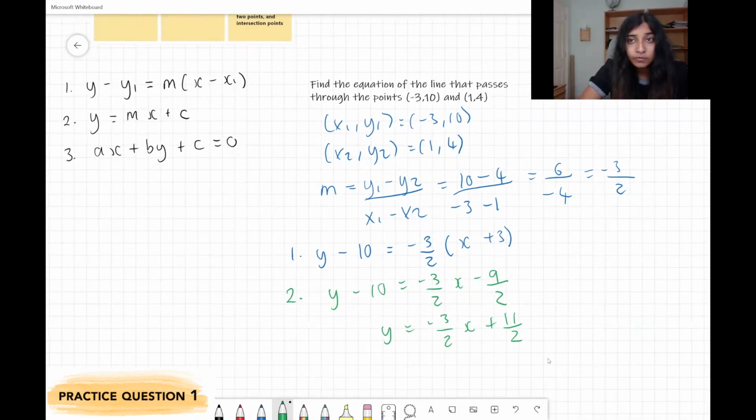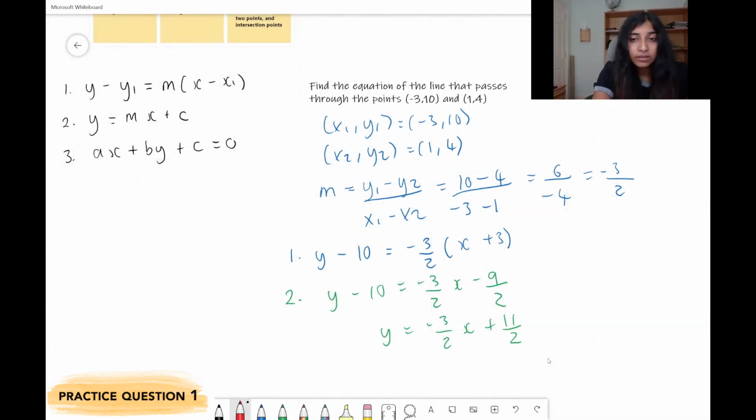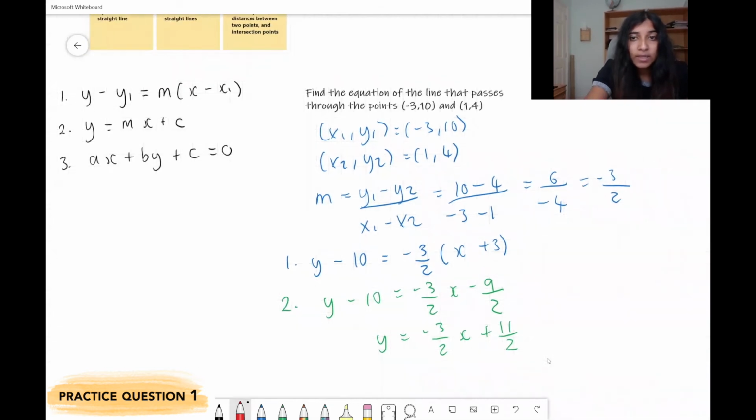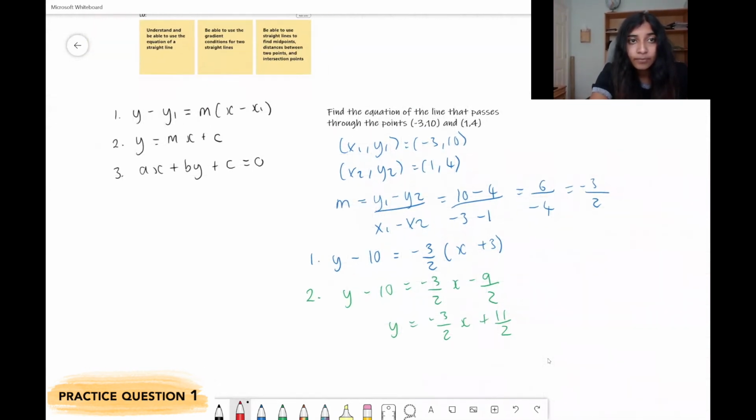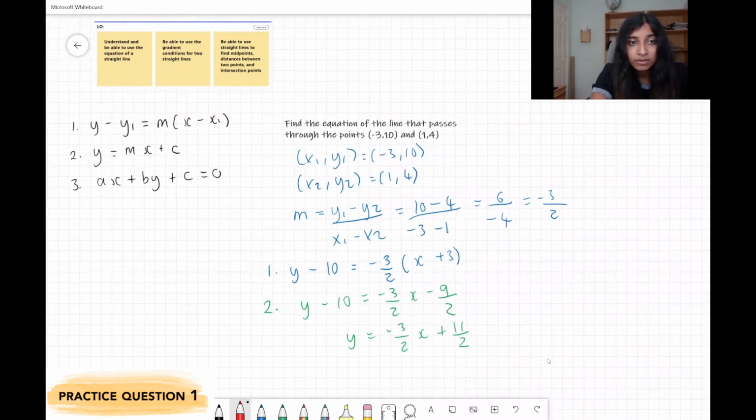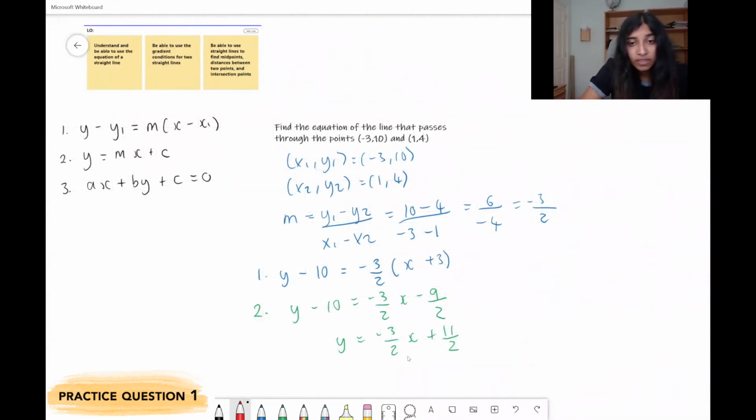And then the last thing you want is the form ax plus by plus c equals 0. For this one, these both have a common denominator of 2, so we could multiply everything by 2. Then we would get 2y is equal to -3x plus 11.